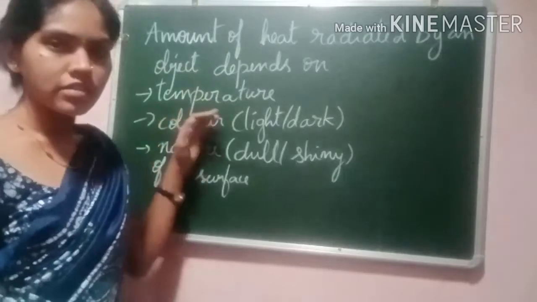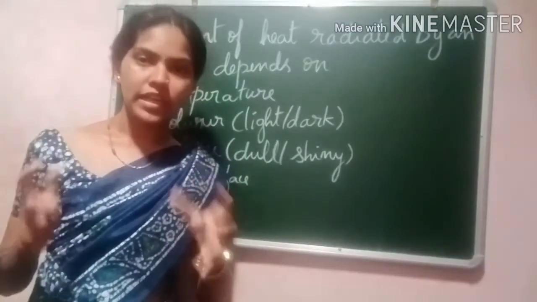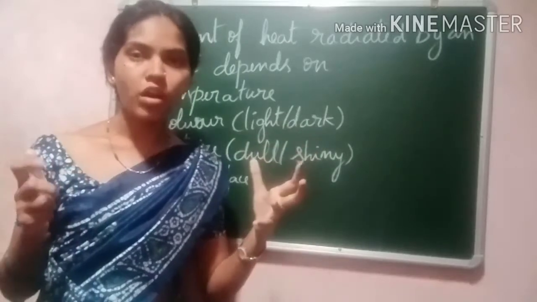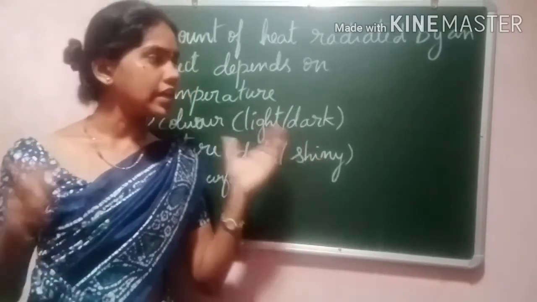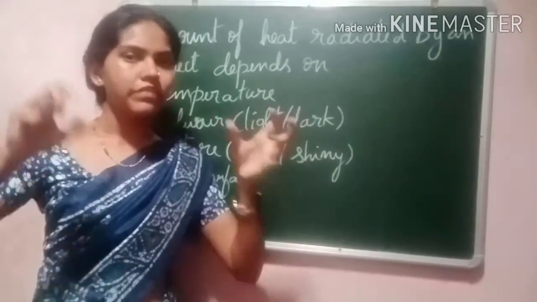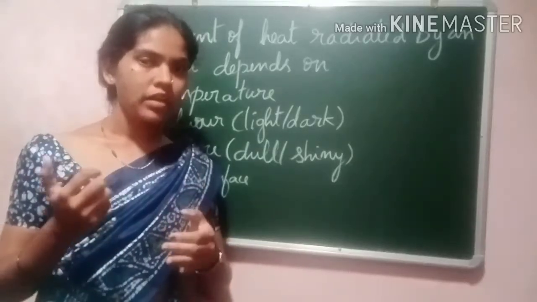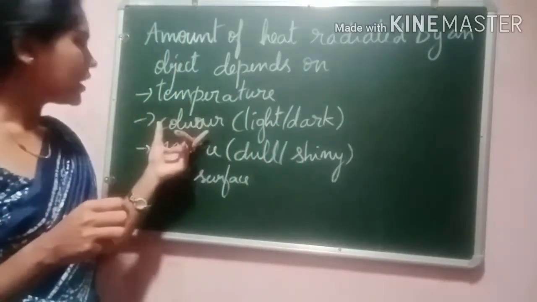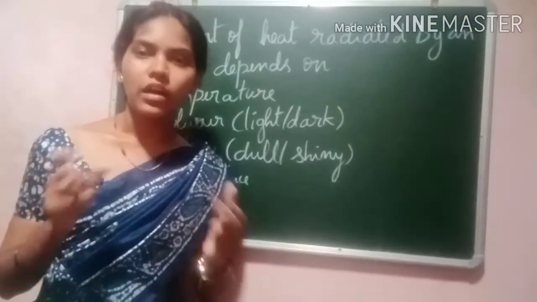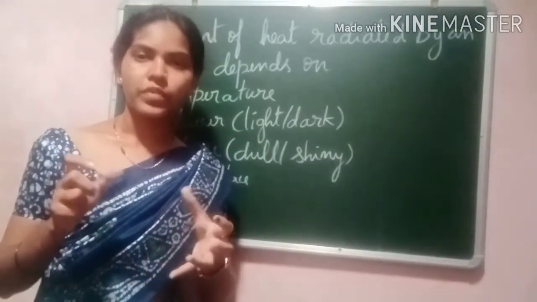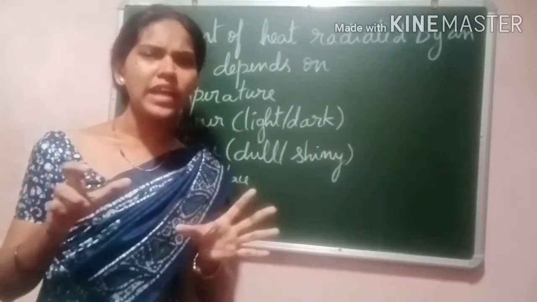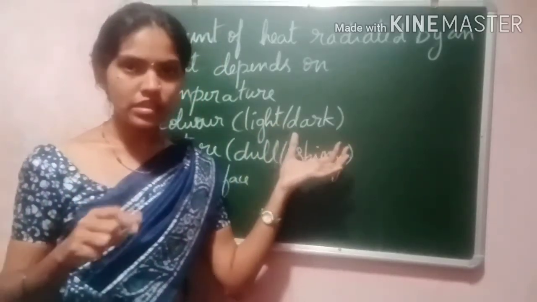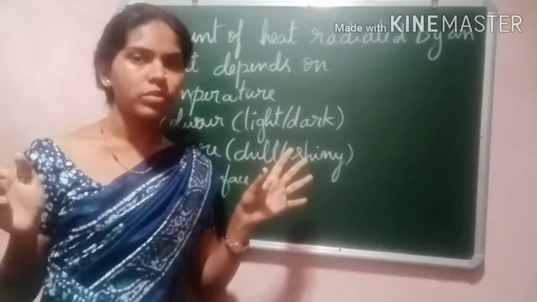Okay, temperature means how much heat energy it has, how hot it is. If it is very hot, it radiates a large amount of energy. If it is a little warm, it radiates a little less energy. Then the color of the object. If the color of the object is light, it radiates little. If it is dark in color, it radiates more.